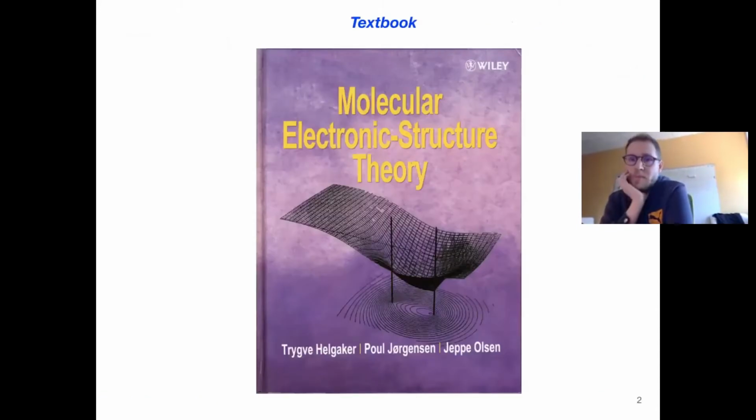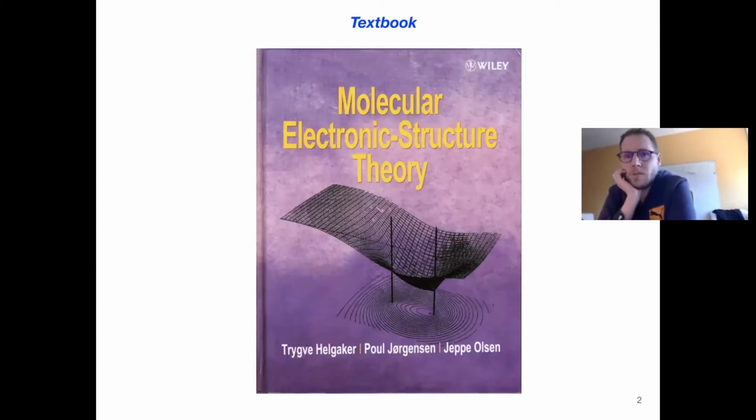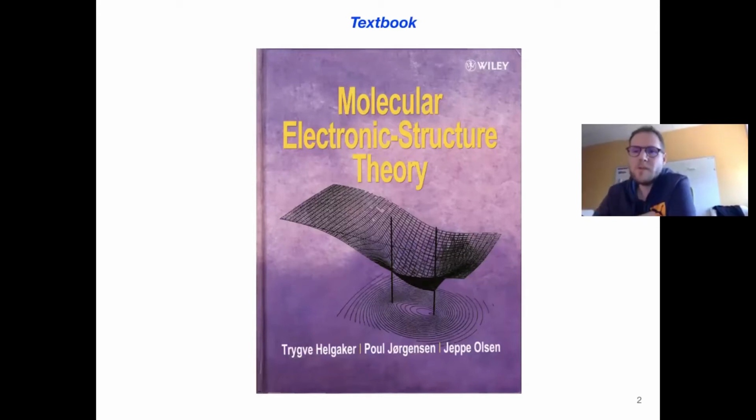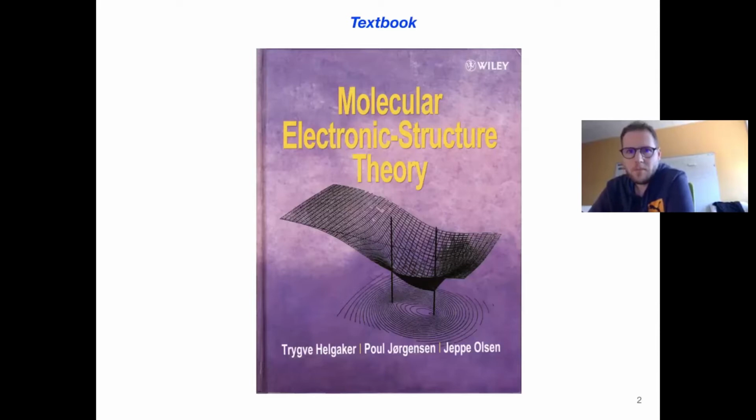Well, first of all, before I start, if somebody asks me what kind of textbook would you recommend, well, there are many textbooks about second quantization. The reason why I picked up this one is because inside you will find quite a detailed review of quantum chemical methods that I will not really talk about today.